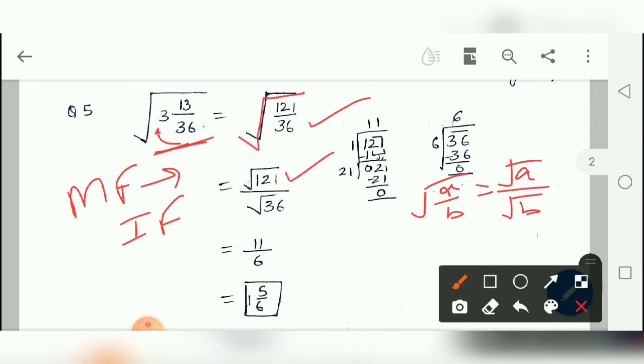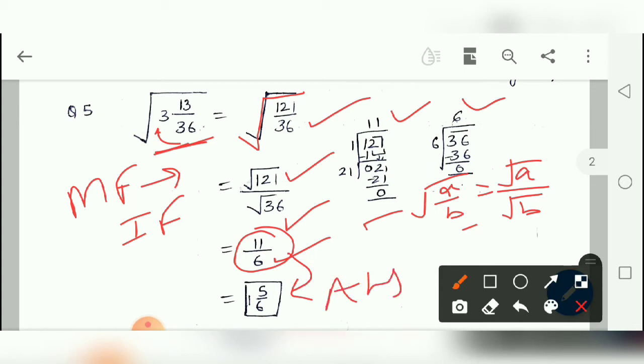So this will become under root of numerator upon under root of denominator. Here by the long division method, I have found the square root of 121 and the square root of 36. This will become 11 upon 6. And this is an improper fraction, so we convert it into a mixed fraction. So 1 5 by 6 is the answer.